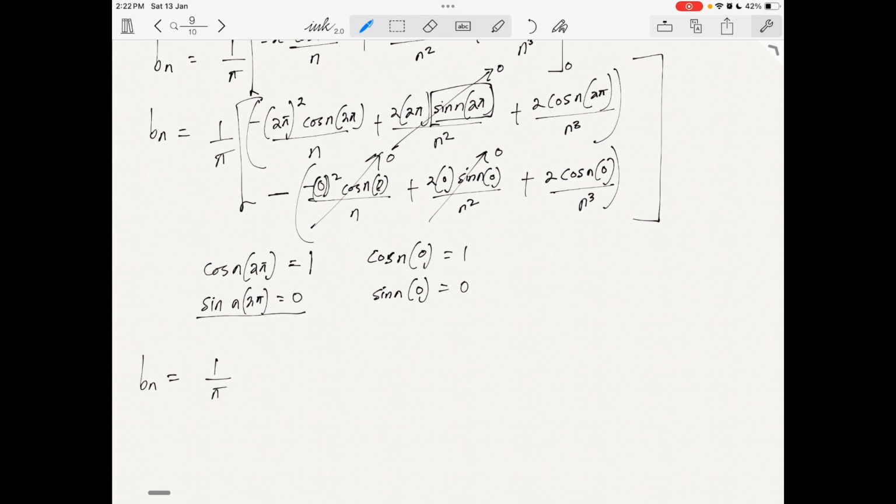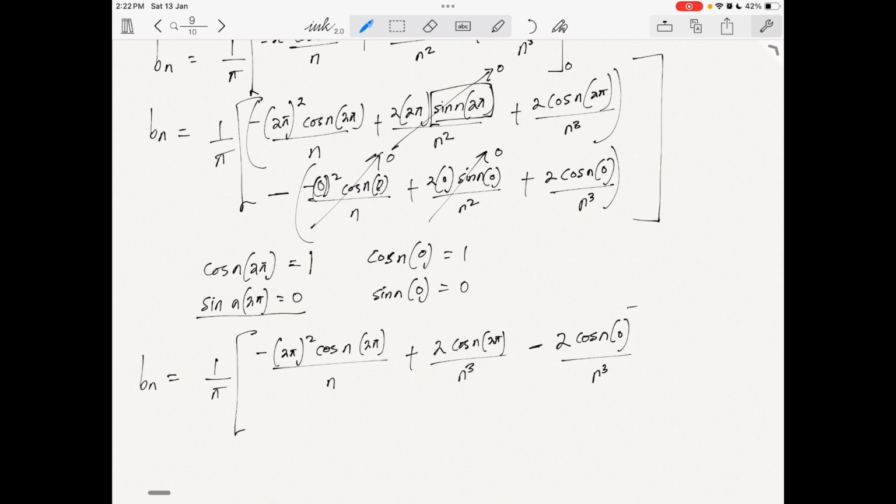And then let us write out our cos variables. That's 1 over pi into minus 2 pi squared cos n 2 pi over n plus 2 right here now cos n 2 pi over n cube minus 2 cos n of 0 over n cube.